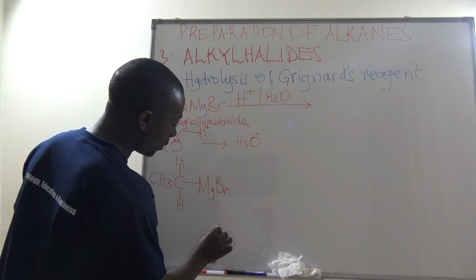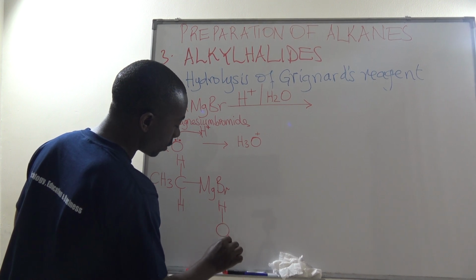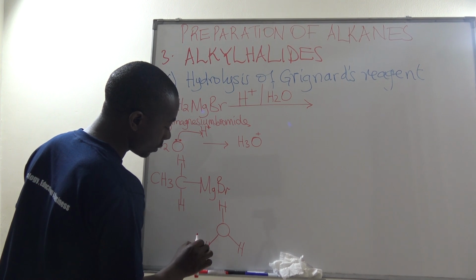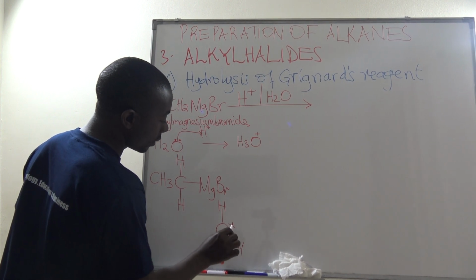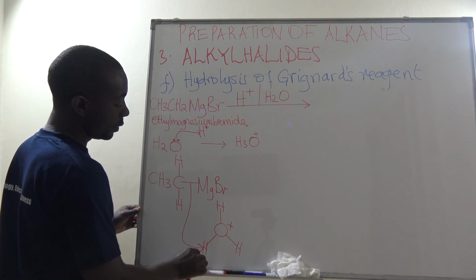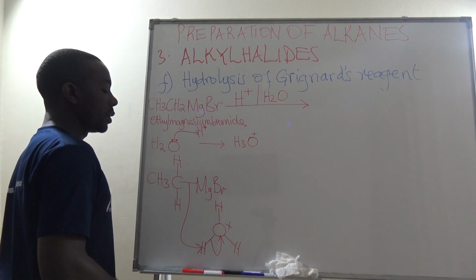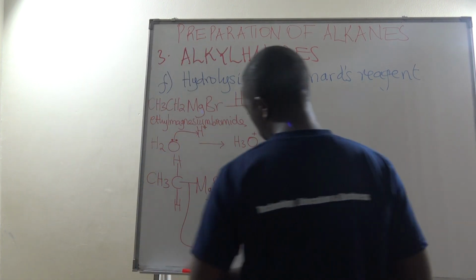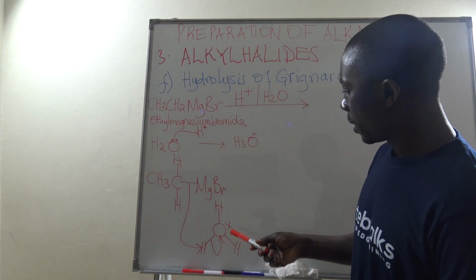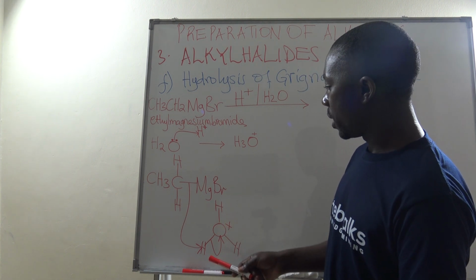Looking at this hydroxonium ion, it is carrying the positive charge on oxygen. It picks out one of these hydrogens, and electrons are donated back to neutralize the positive charge on the oxygen atom.